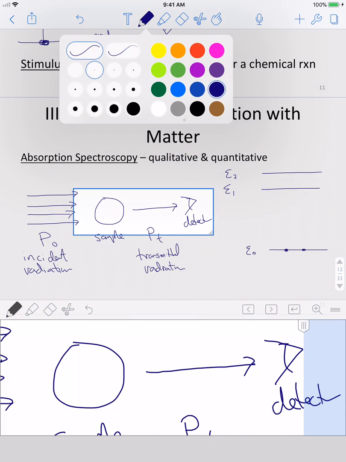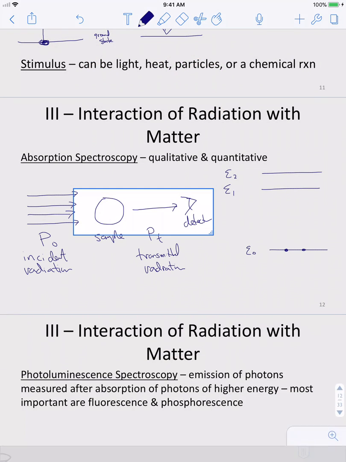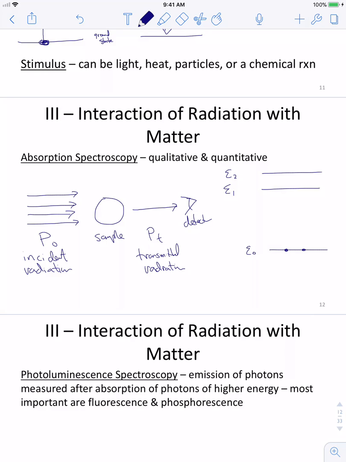Okay, and the light comes in and it can promote these electrons in the ground state to one of any number of excited states here for the molecule or atom.